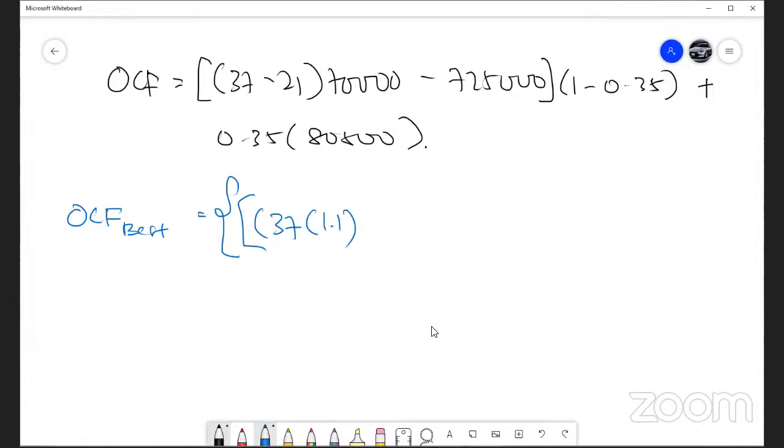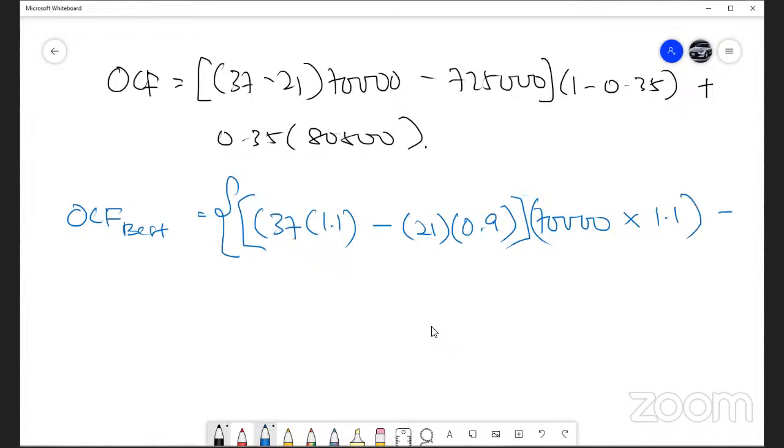And then your variable cost, which is 21 initially, becomes cheaper by 10%. Close this bracket. Your units sold just now is 70,000 units. Now it's better off by another extra 10%.